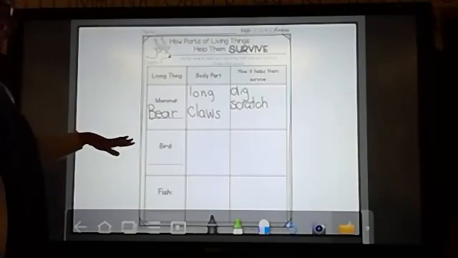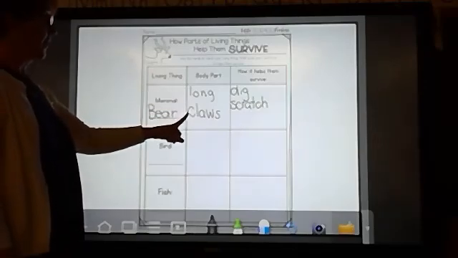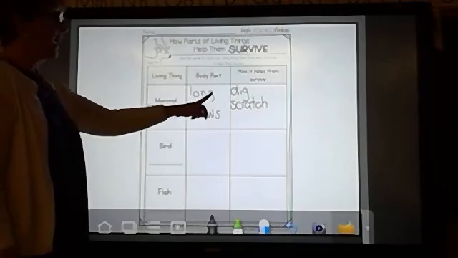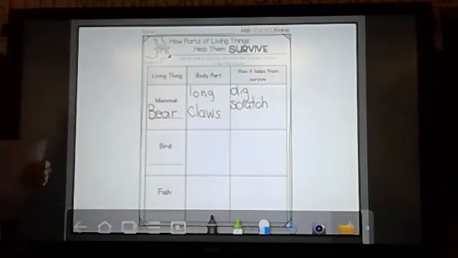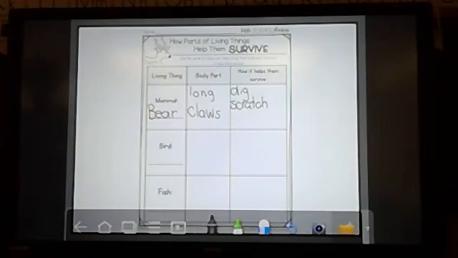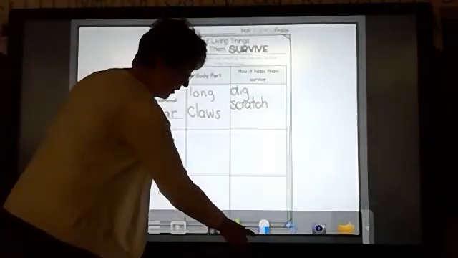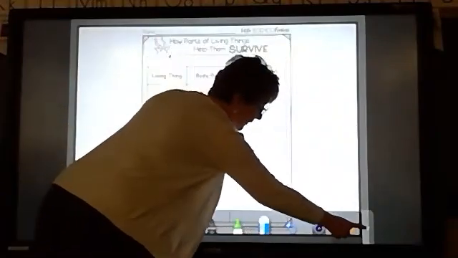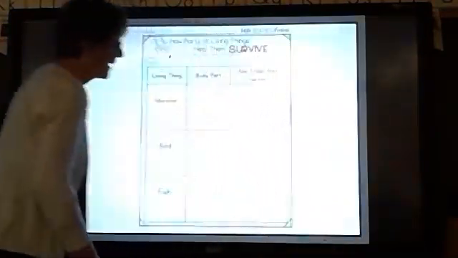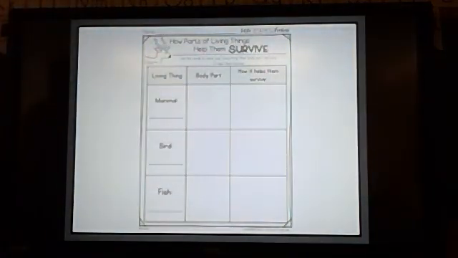And for each one, pick a body part that helps it to survive, and then list the ways in the third box that that body part helps them to survive. In addition to that, you are going to find an activity book page that you will finish as well, right?